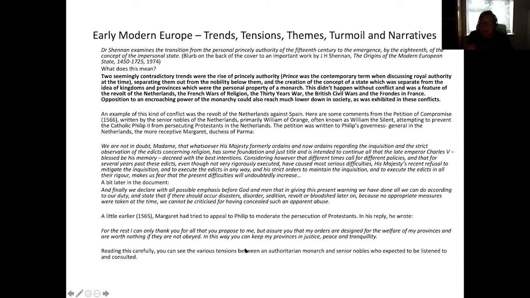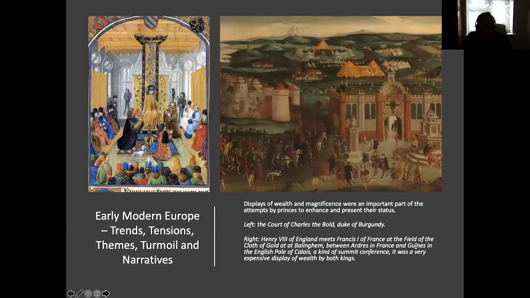But the key thing, as I say, have a read of this. The key thing to note about it is that the nobility expected to be consulted and listened to, and Philip expected to have his orders obeyed. And it's that created all these tensions, if you like. Right. Again, sorry, it's a very crammed slide, but do have a look at it.